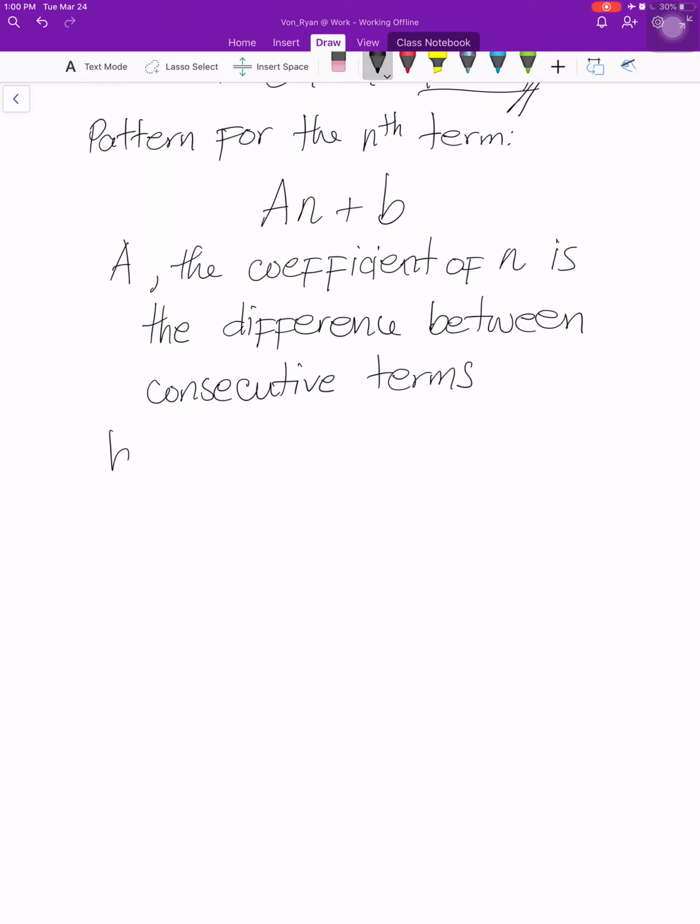And then b, on the other hand, is the difference between the first term and a.